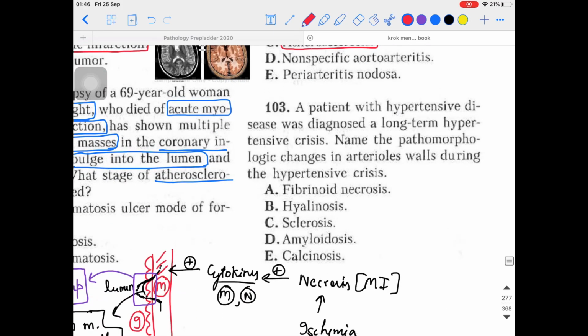103. A patient with hypertensive disease was diagnosed with long-term hypertensive crisis. Name the pathomorphological changes in the arterial walls during the hypertensive crisis. Okay, now hypertension is a different thing, hypertensive crisis is a different thing.